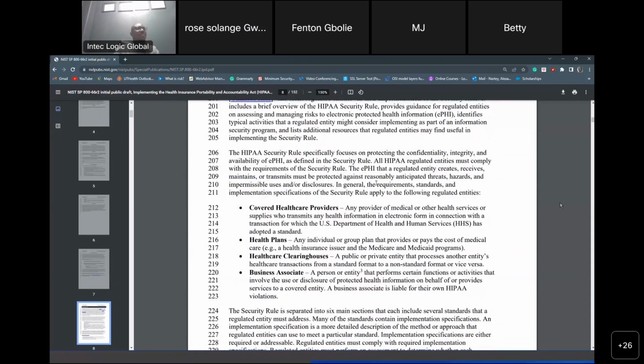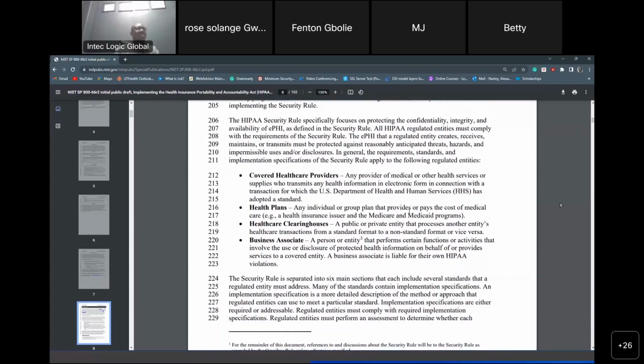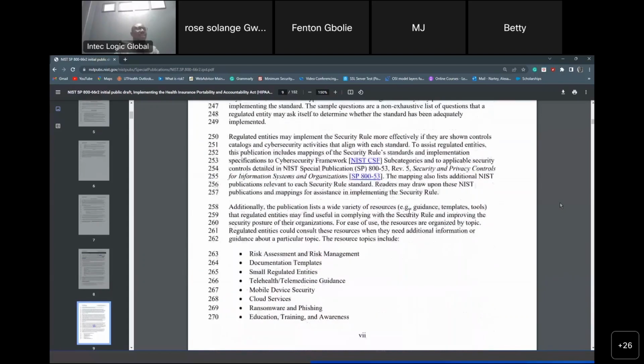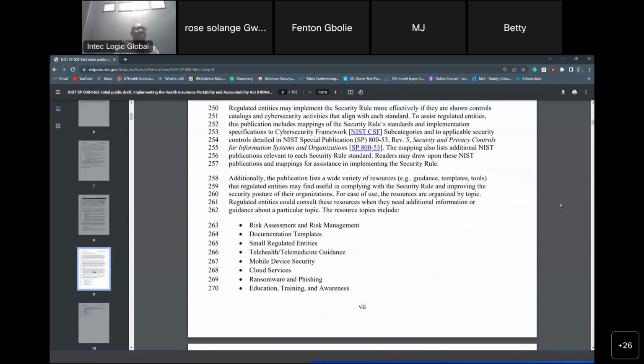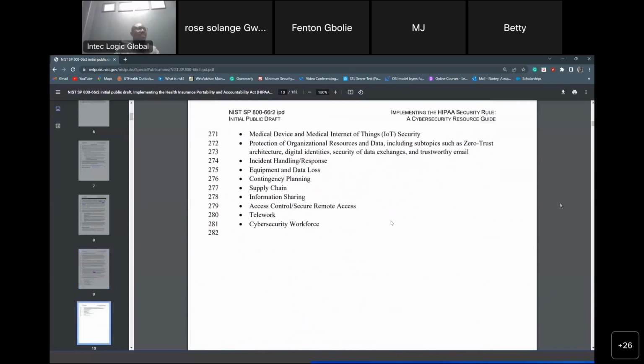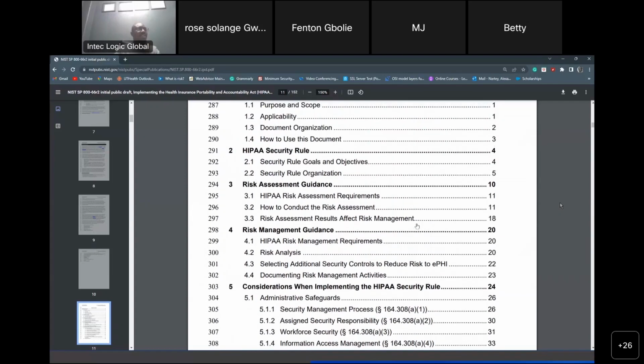It's about 152 pages. It talks about the covered entity, the healthcare plan, the healthcare clearinghouse, and business associates. It has a whole lot of resources and information, but there's a place that I want you to take a look at.